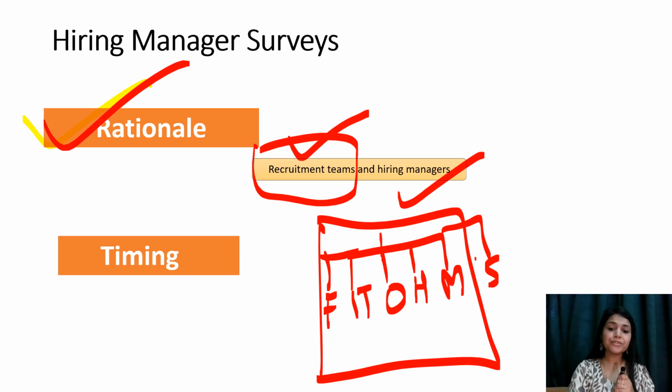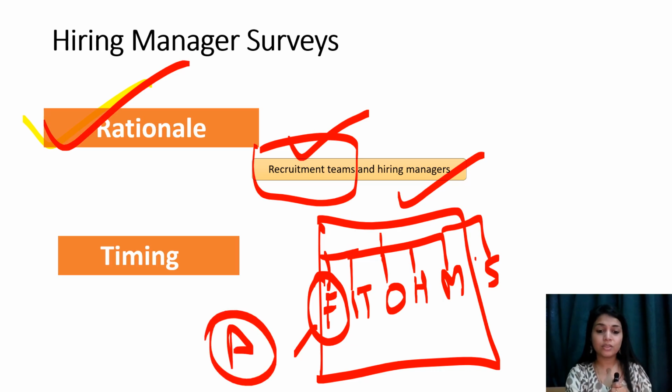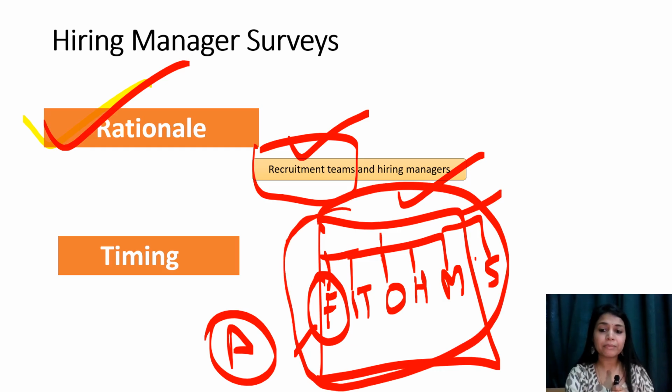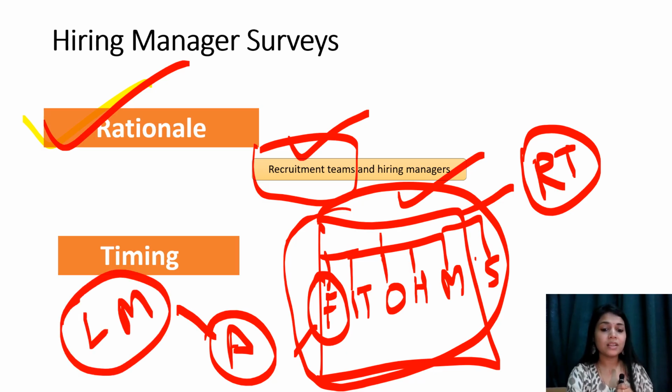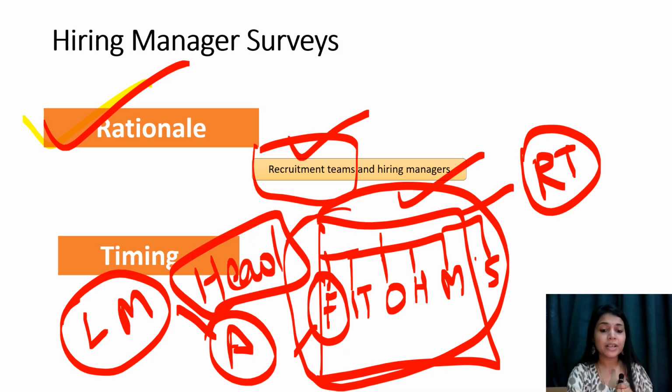So when hiring is being done in finance, suppose an accountant is going to be hired, internally there would be a recruitment team for every department, but the hiring manager will be the line manager, meaning the head or some representative from the particular department where the person is going to join.